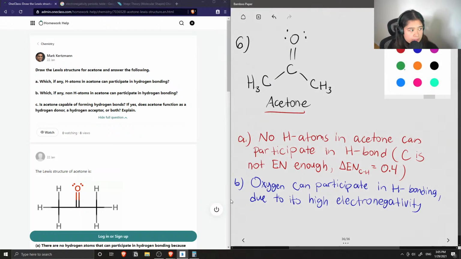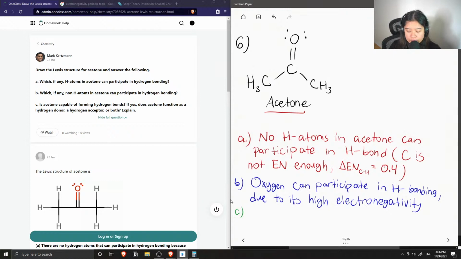And now they say, is acetone capable of forming hydrogen bonds? If yes, does acetone function as a hydrogen donor, a hydrogen acceptor, or both? Okay, so acetone can be a hydrogen acceptor.